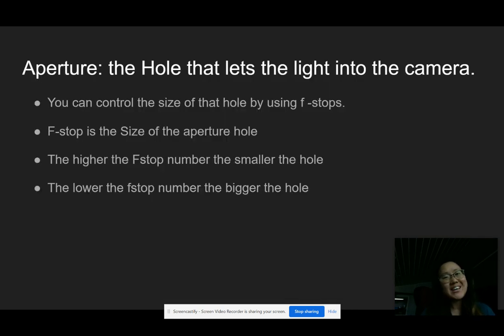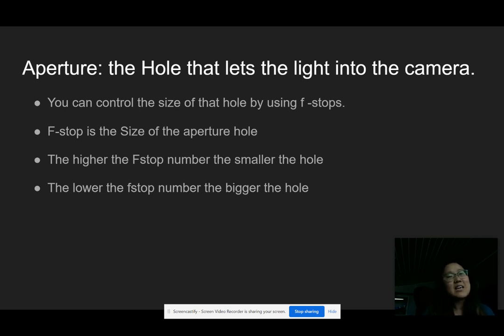So aperture, again, is the hole that lets the light into the camera. And with our cameras, we can actually control the size of the hole by changing its f-stop. And f-stop is essentially the measurement of the size of that hole that lets the light in.